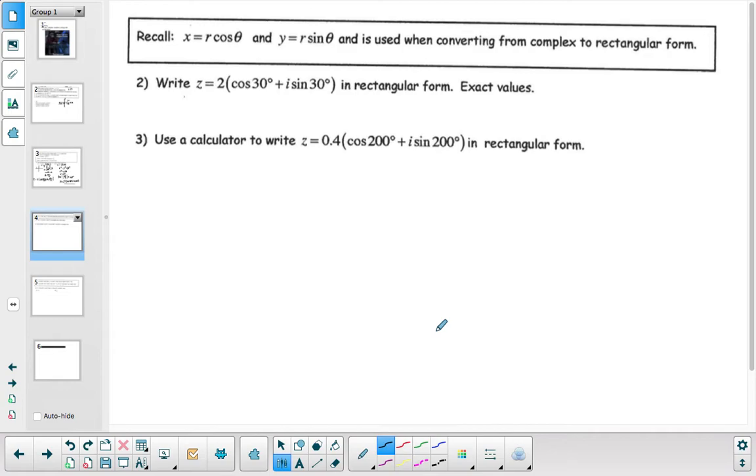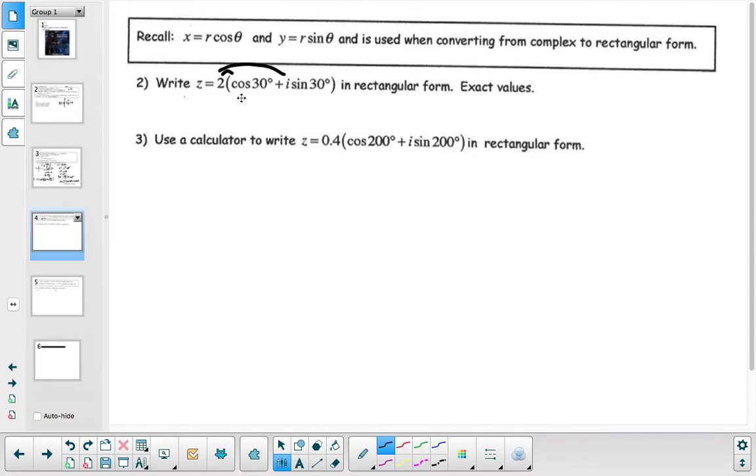Okay. So if you remember, x and y are r cosine theta, r sine theta. We kind of use that idea for the last problems. But we are going to use this to put it into rectangular form, so reversing the process a little bit. If we wanted to, we could distribute the 2. So we're just going to put this back into rectangular form, reversing the process.